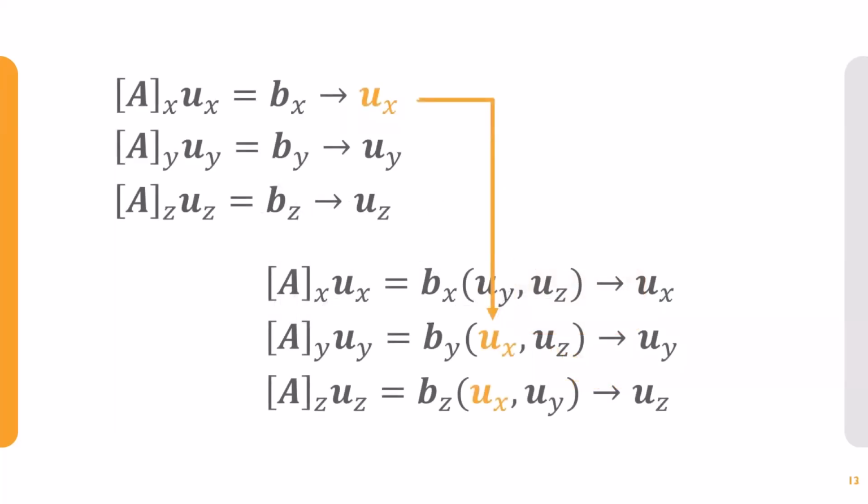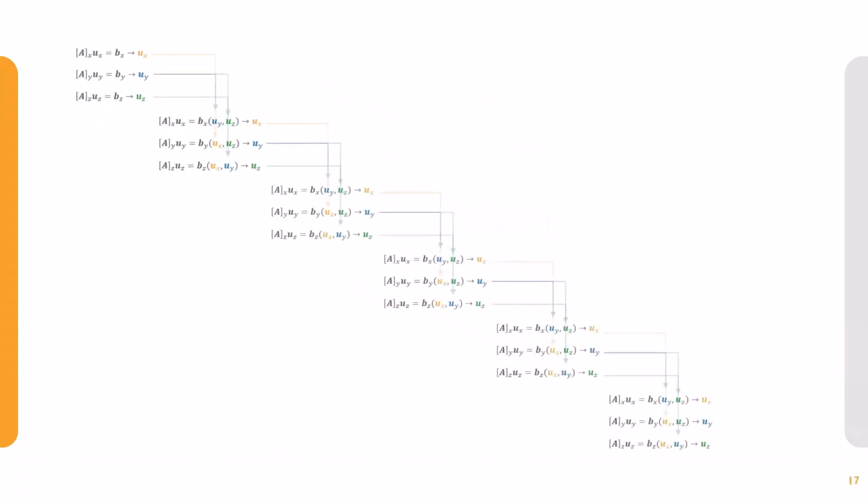Once the solution is found in one system, it is used to get the B vector for the next iteration for each direction. And this happens multiple times until we get a converged solution.